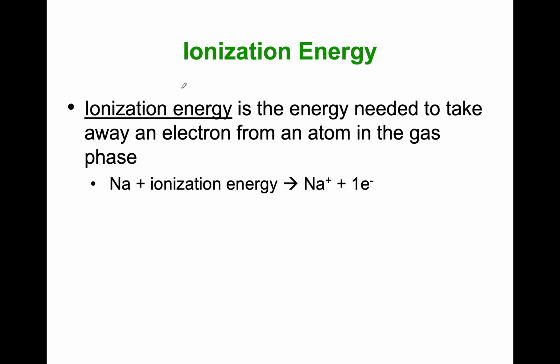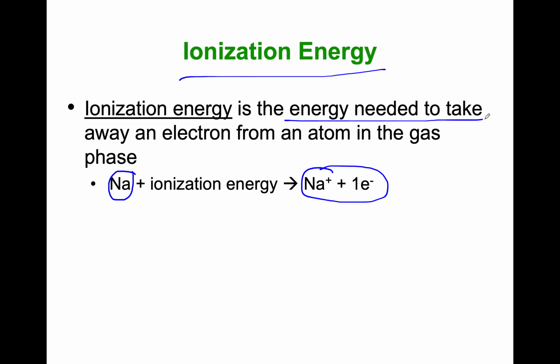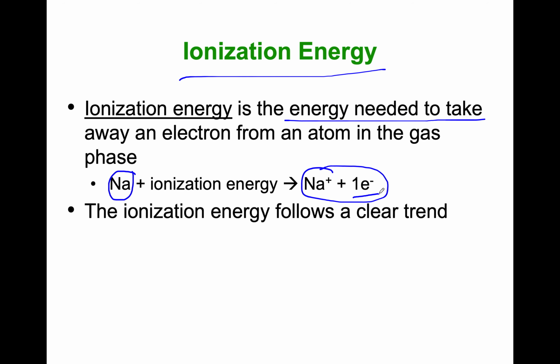Another trend is ionization energy. So the definition is, sodium gets ionized because energy is being added to remove an electron. So this takes energy and an electron is being removed. This follows a nice trend as well. I really encourage you to think about the size.